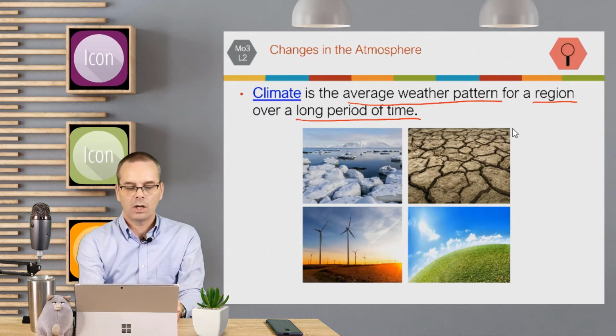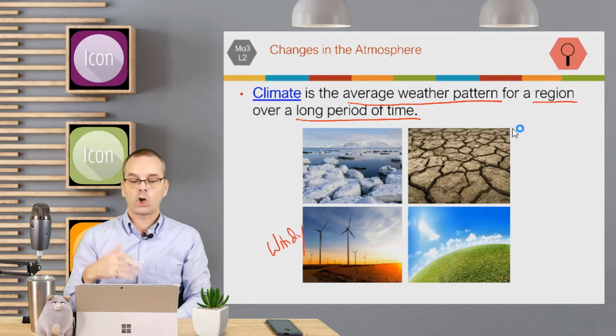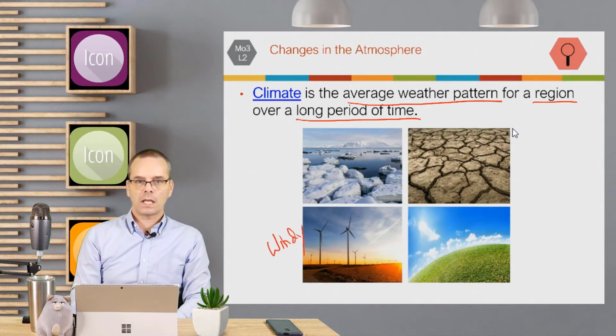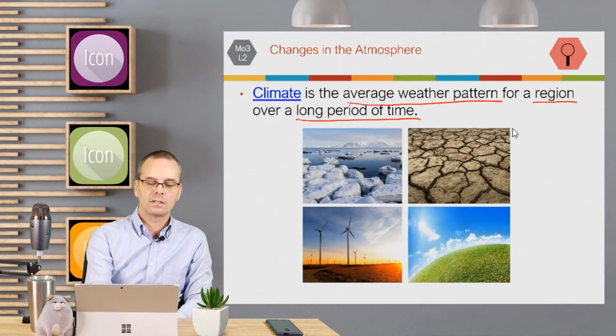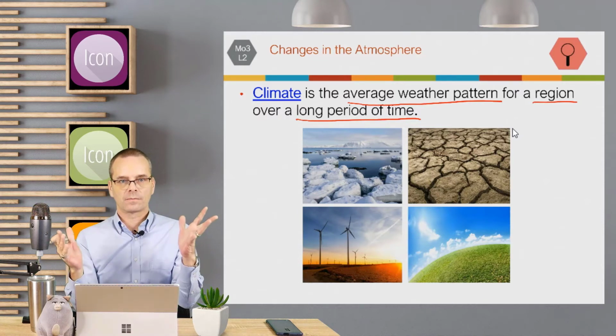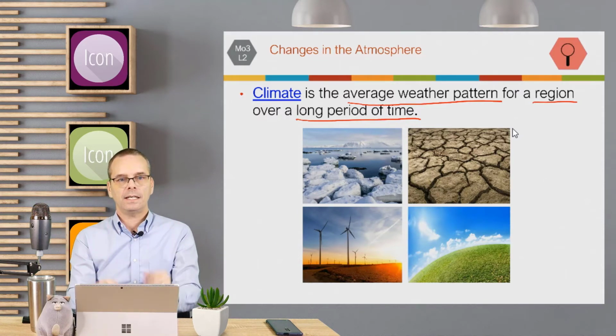Or it may be windy, or it may be cold. So climate is about bigger patterns. So what is the climate in Southeast Asia, for example, during the rainy season?